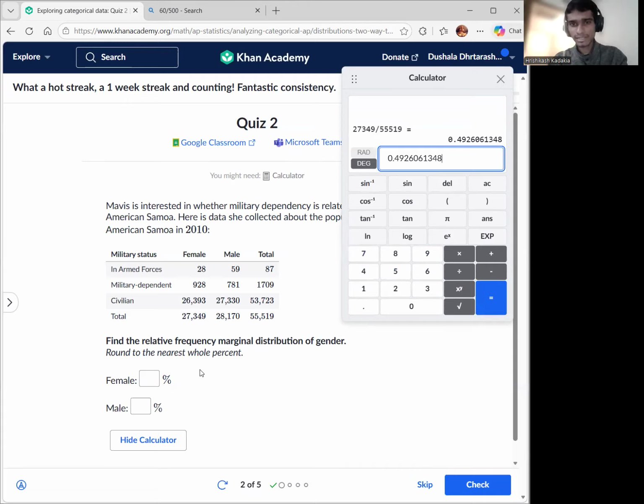That is about 49, so less than 49 percent are females. That means actually about 50 percent should be male, but I'll just test it here.